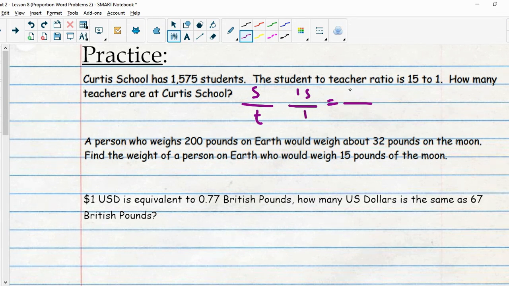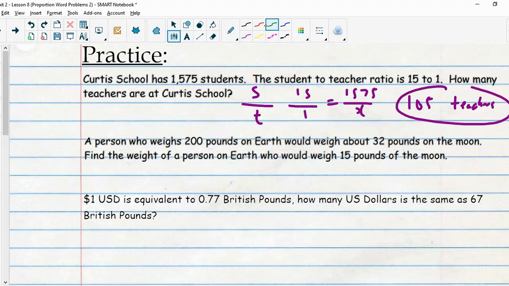Student, teacher, 1575. How many? Let's see. 1575, 15, 105. A person weighs 200 pounds on Earth. So Earth to Moon. 200 over 32 on the Moon, 15 pounds on the Moon.